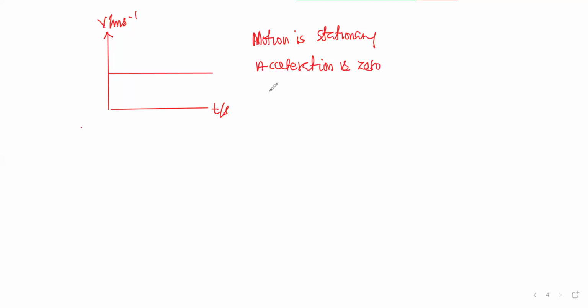More views. The velocity is constant over time. Is that all?